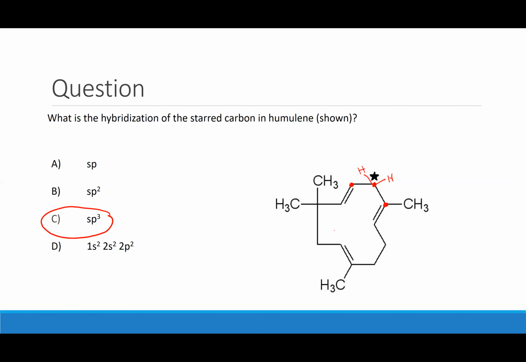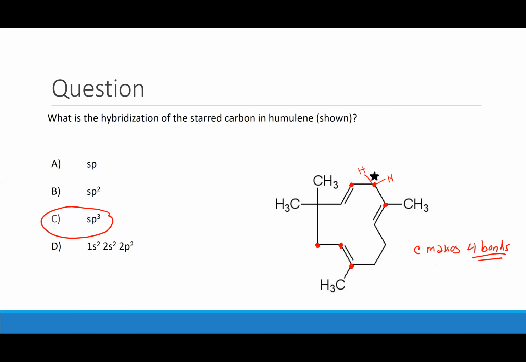We can do another example on this same structure. Let's try this carbon right here. Here is a carbon. Notice this one is involved in a double bond. This carbon has a carbon attached to it here and a carbon attached to it here. Now remember, again, we're not showing hydrogens, but you should know that carbon makes 4 bonds.